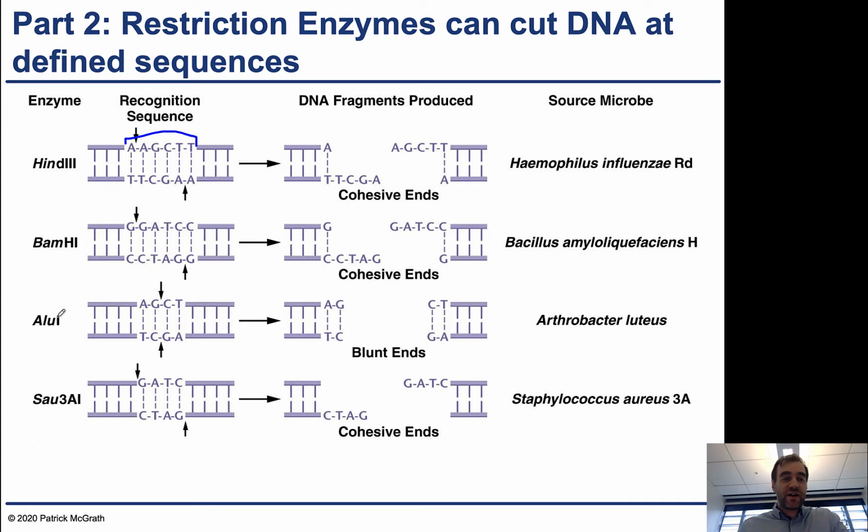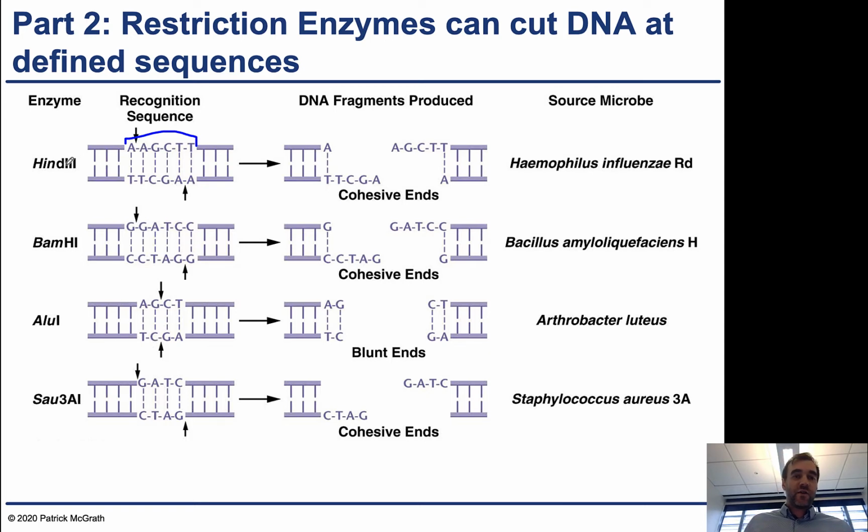Some restriction enzymes only require 4 base pairs to recognize, AGCT, again palindromic, and then Sau3AI as well. Nowadays there are hundreds of these enzymes that you can order, and they all recognize their own individual recognition sequence. Further, the exact location where they cut the DNA sequence is different.